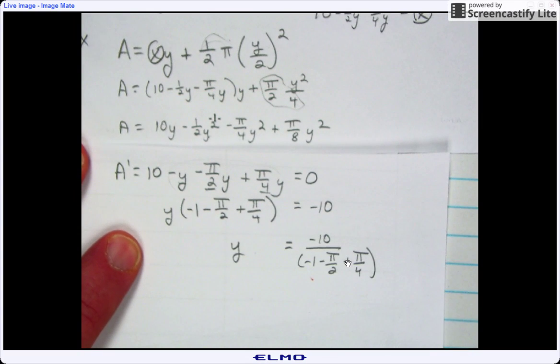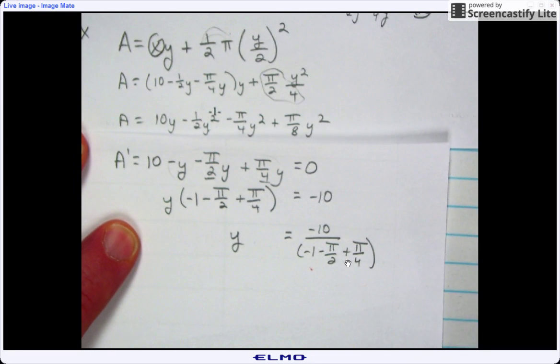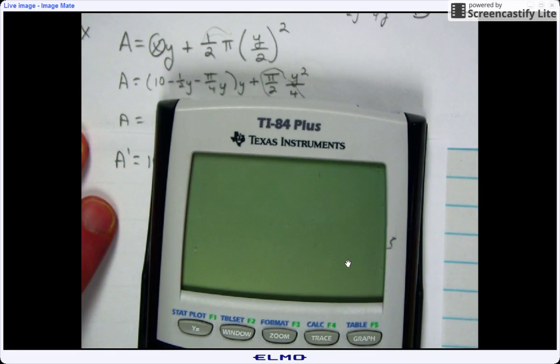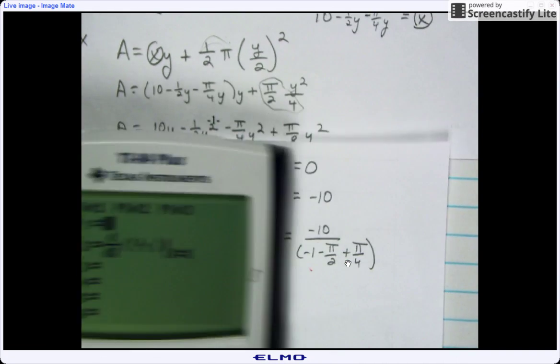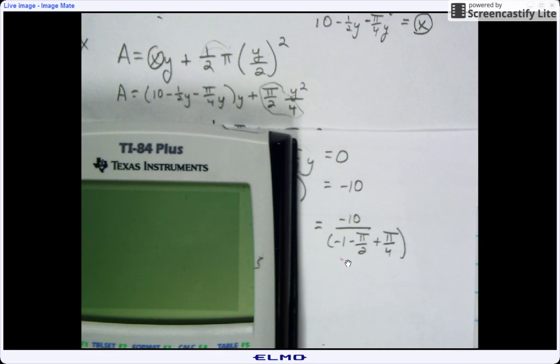So at this point, if you're checking your answer in your book, it's always going to be in this form. But I want to go ahead and change it to a decimal so it's something you can actually calculate. If you're building it, you wouldn't leave it like that.